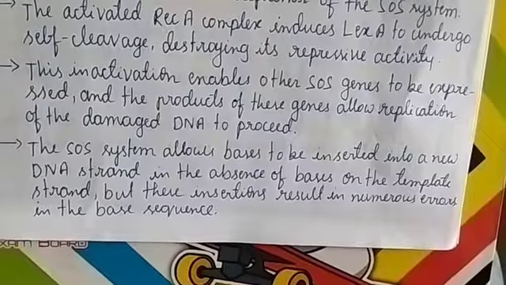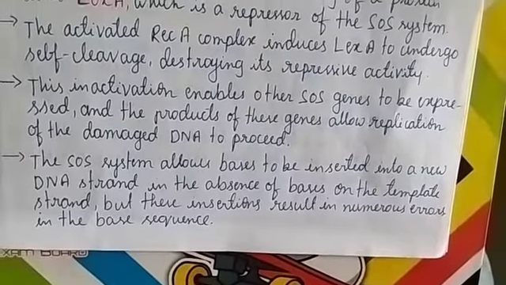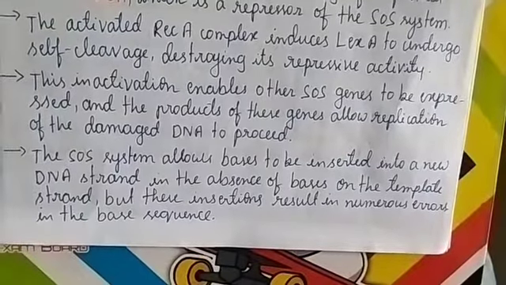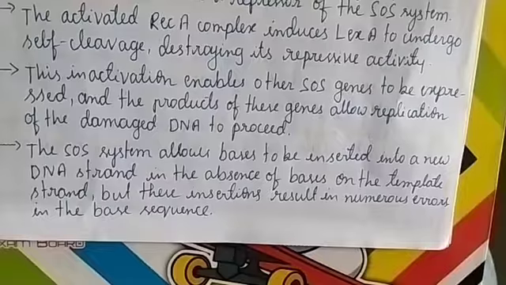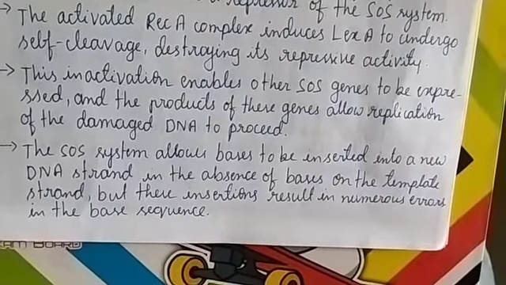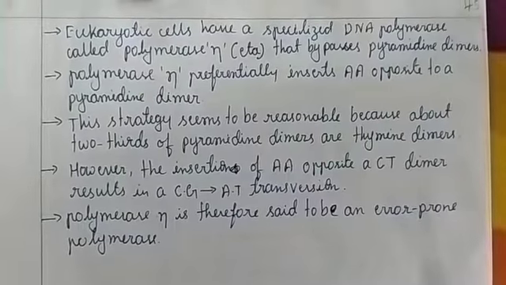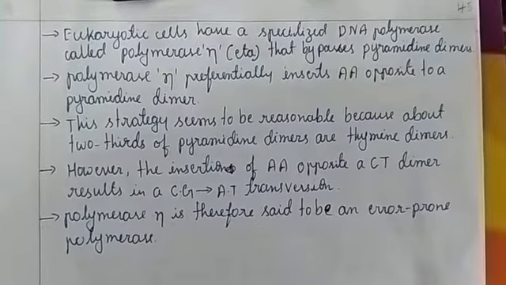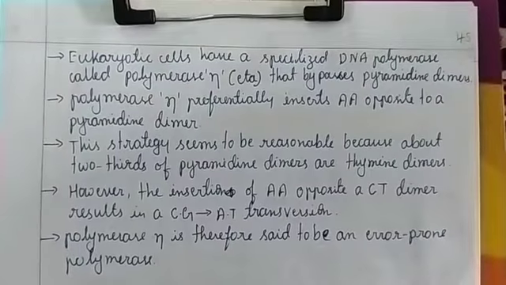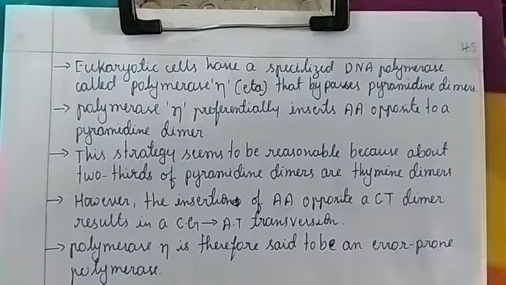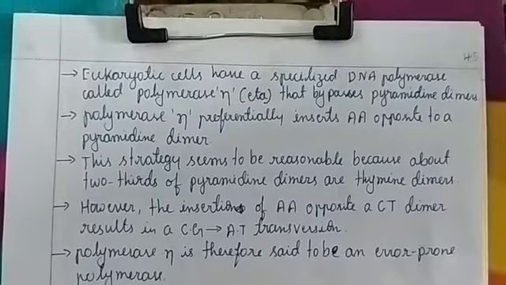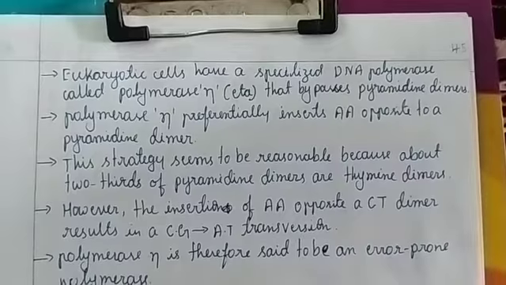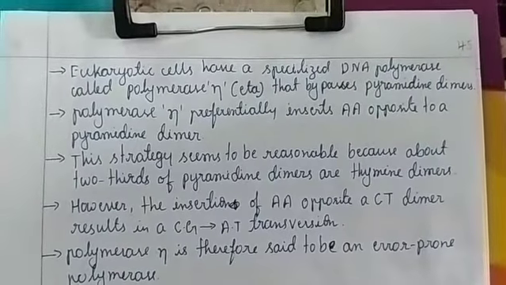The SOS system allows bases to be inserted into a new DNA strand in the absence of the bases on the template strand, but these insertions result in numerous errors in the base sequence. Then, eukaryotic cells have a specialized DNA polymerase called polymerase eta that bypasses pyrimidine dimers. Polymerase eta preferentially inserts adenine opposite a pyrimidine dimer.